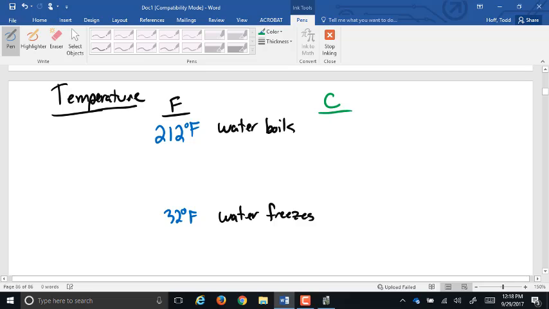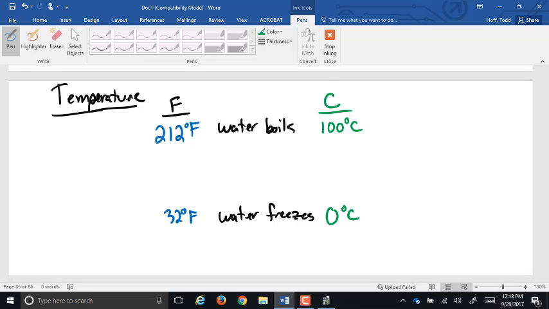In the Celsius system, what temperature does water freeze? 0 degrees Celsius. Boil? 100 degrees Celsius. The Celsius temperature system used to be called the centigrade for 100 divisions, 100 gradients.